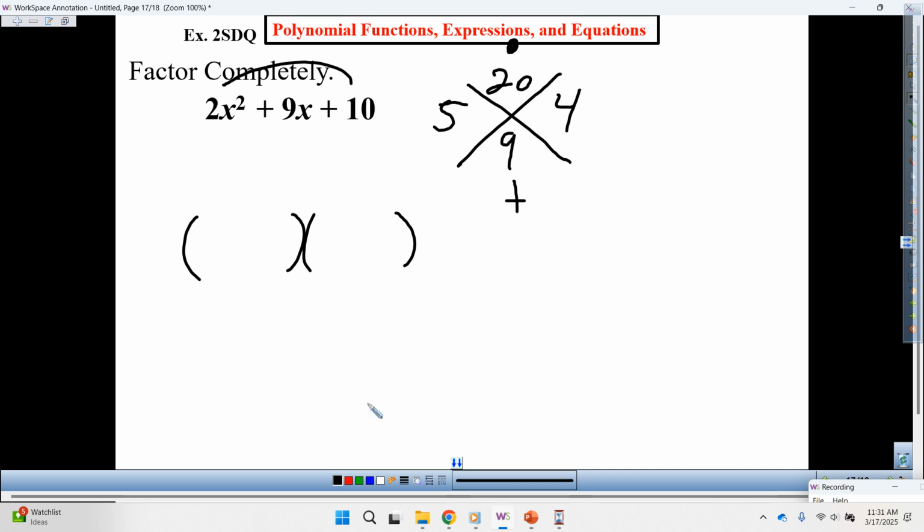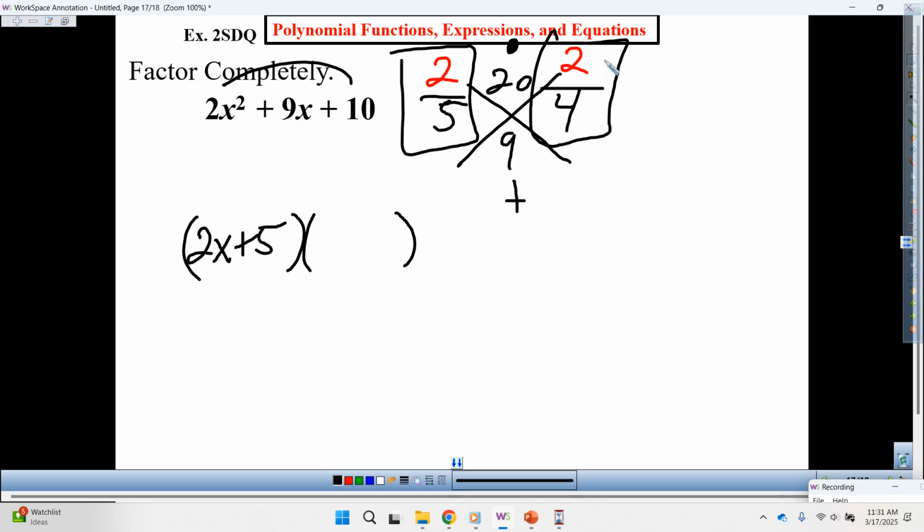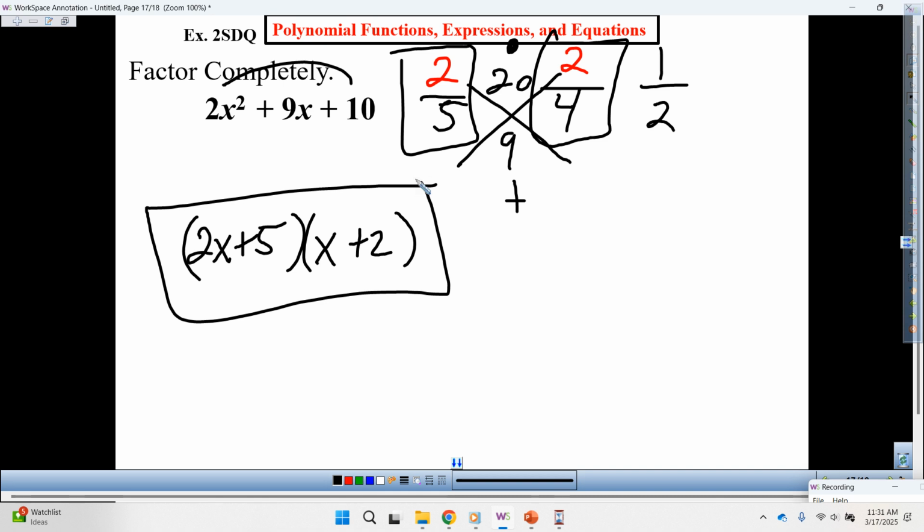Gabriel, what do I do next? All right, so put the leading coefficient on top. We got a 2 and a 2. So, can we reduce the first fraction, guys? No, so that is 2x plus 5. Can we reduce the second fraction? Yeah, it's 1 over 2. So my factor is x plus 2. Hands, have you got that by yourself? Okay, we got it, right?